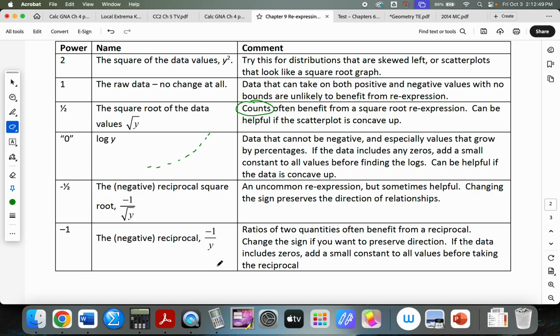Sometimes that's helpful. Generally speaking, if they're going to do this on the AP exam, they're going to tell you what to do. And even more generally speaking, they're not going to do it at all, because it just takes so long to do the whole data set.